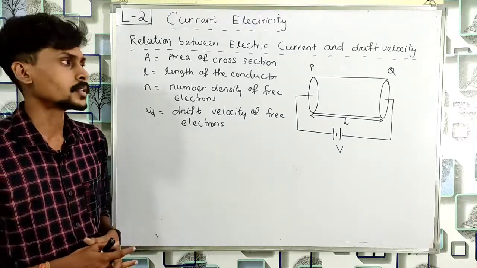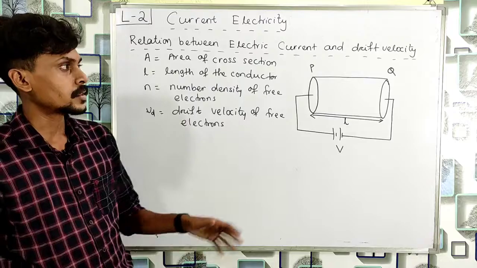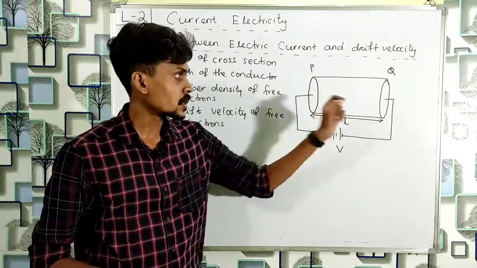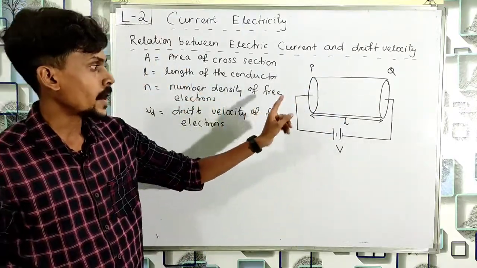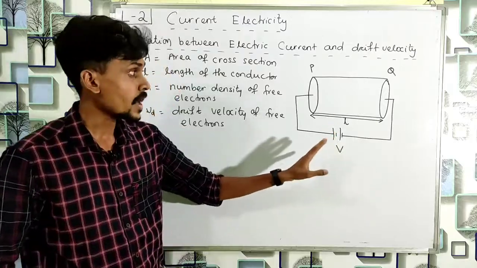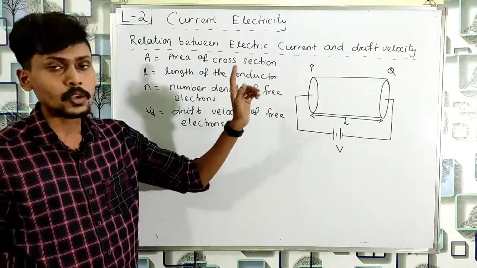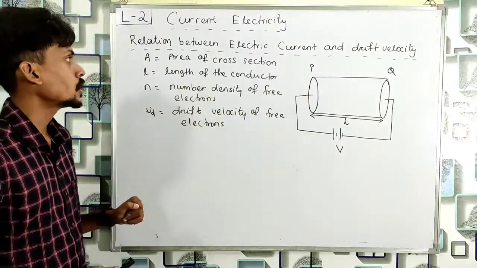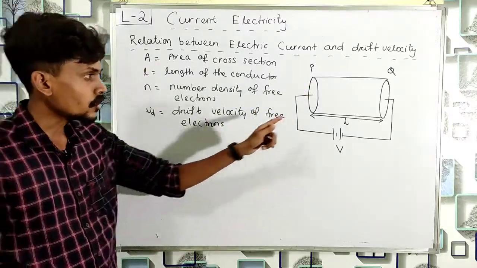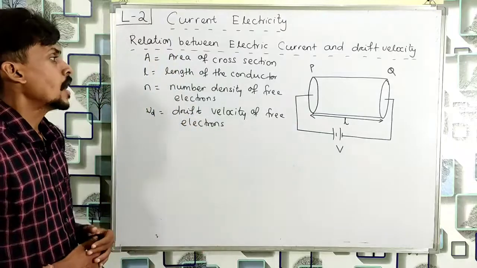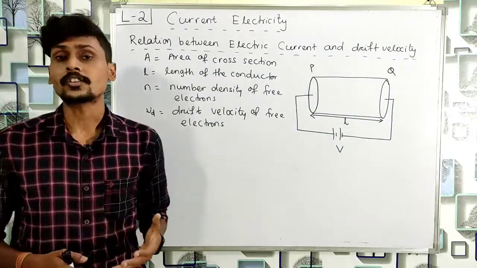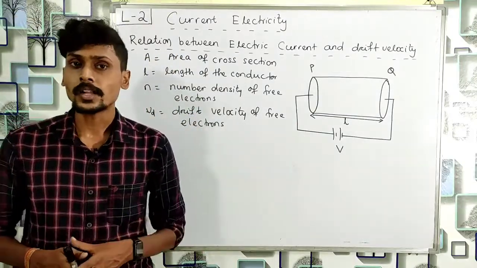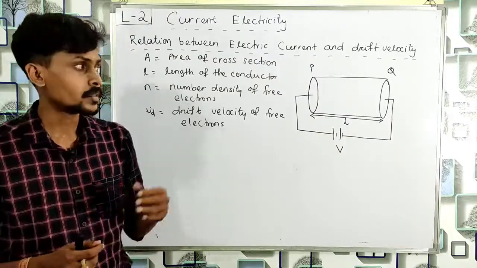So to derive this relationship, I have taken a conductor. You can see that this is the conductor, and I have connected a battery of potential difference V across its two ends. So PQ is the conductor, the area of cross section of the conductor is A, and the length of the conductor is L. The number density of free electrons means the number of free electrons per unit volume of this material.